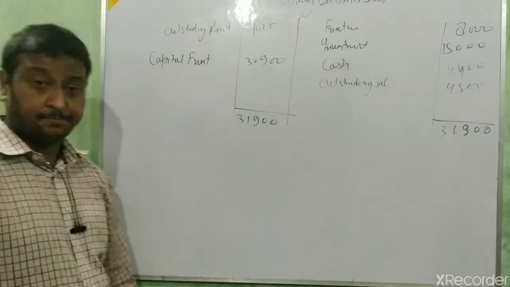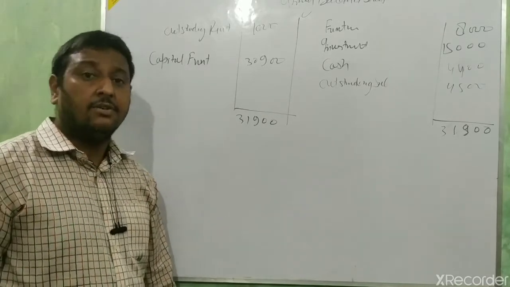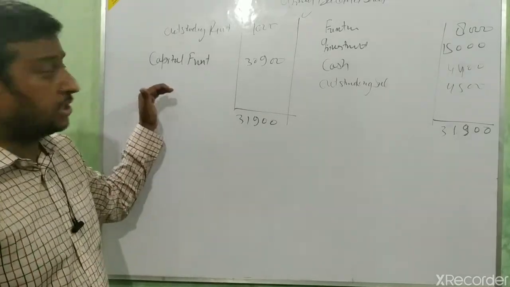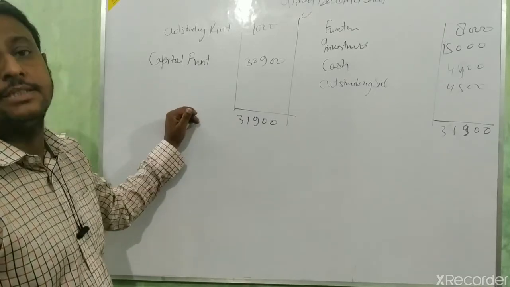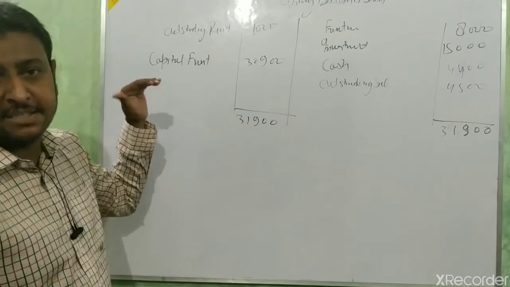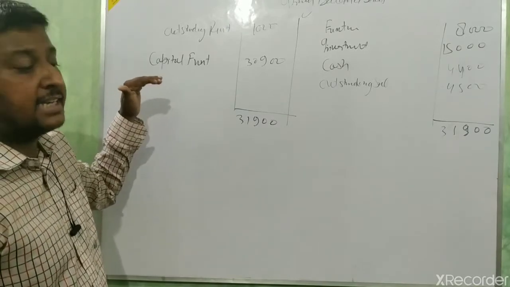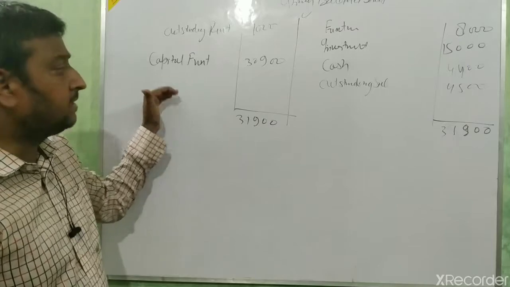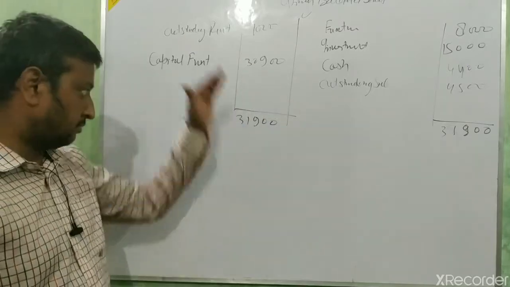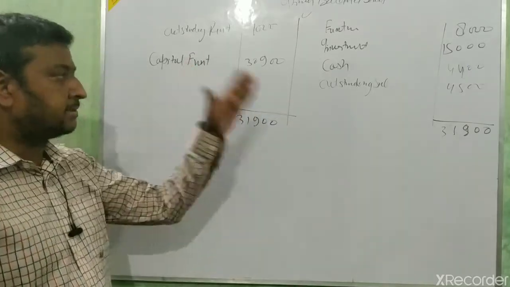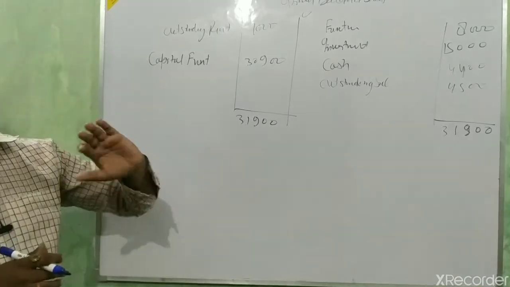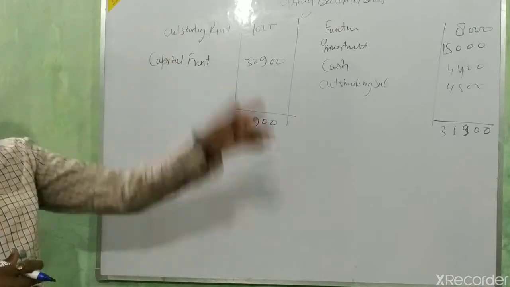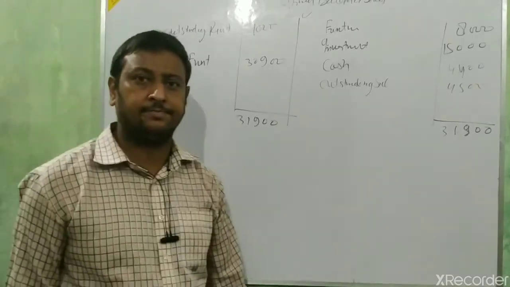After that show the sports fund and less the expense given in the question. Then the total of both sides will come equal. If the answer does not come, tell me and in the next video I will solve that balance sheet also. Okay beta, thank you.